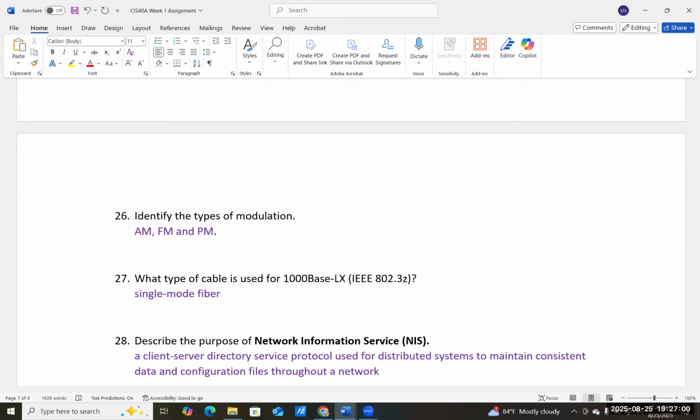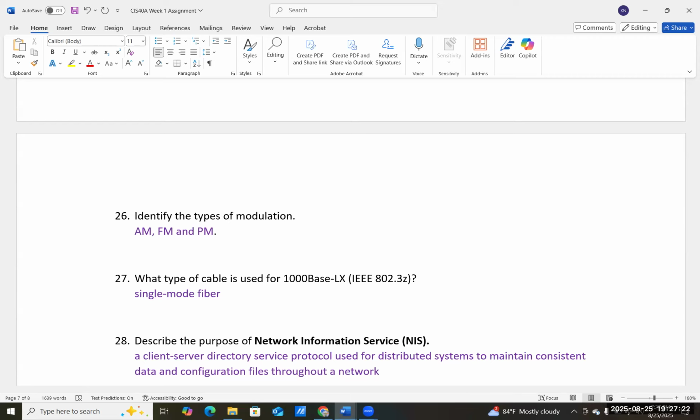And then for 27, we talked about this as being the speed. So whenever you see the 1,000, we're already entering the fiber mode, right? So when you're using the cable, if you're using 802.3, and if you see the Z here, it's likely that you're going to use fiber optic, okay?